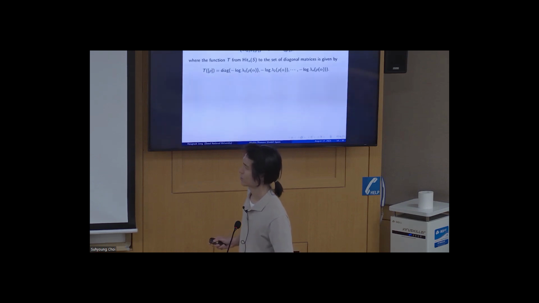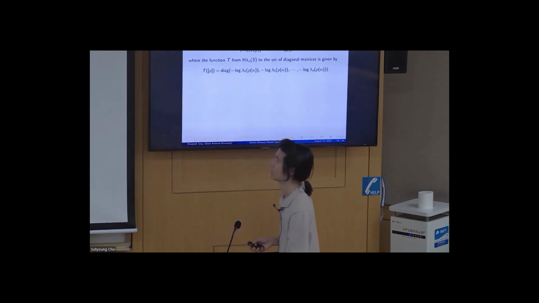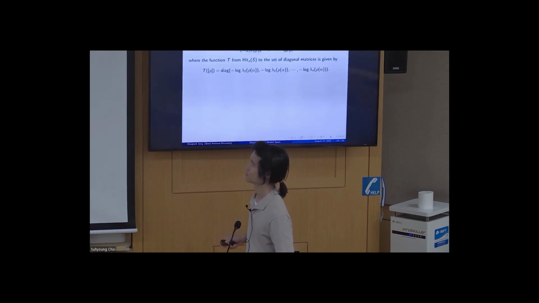This is a diagonal matrix of the negative of the logarithm of the eigenvalues of rho of alpha. So the important thing is that this Dehn twist can also be understood as an algebraic bending.